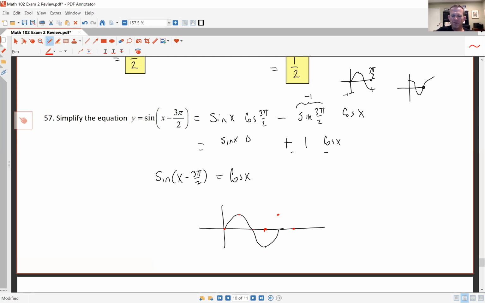This one moves to there. And this one moves to there. If we shifted that 3 pi over 2, we now have the graph of cosine x. And so we've proven that with an identity, as opposed to looking at it and saying it's true because of the graph.